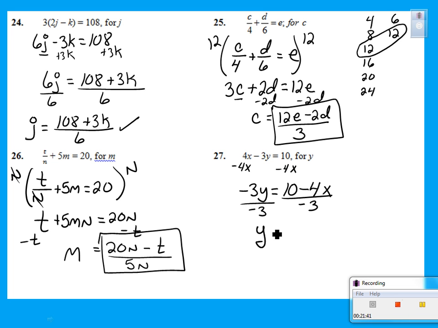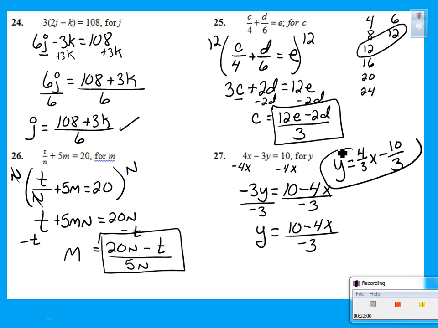So I'm going to have y equal (10 minus 4x) over negative 3. If you remembered that problem from graphing lines, and you said, Mr. Harris, I think the answer is y equals 4/3 x minus 10/3, that is a great answer also. So either of those today.